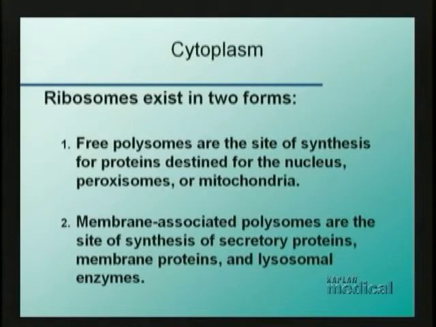Arguably, the more important form of ribosomes are membrane-associated polysomes, and these are going to be the sites of synthesis of three different kinds of proteins: secretory proteins, membrane proteins for the membrane of the cell itself, and most importantly, the lysosomal enzyme proteins.